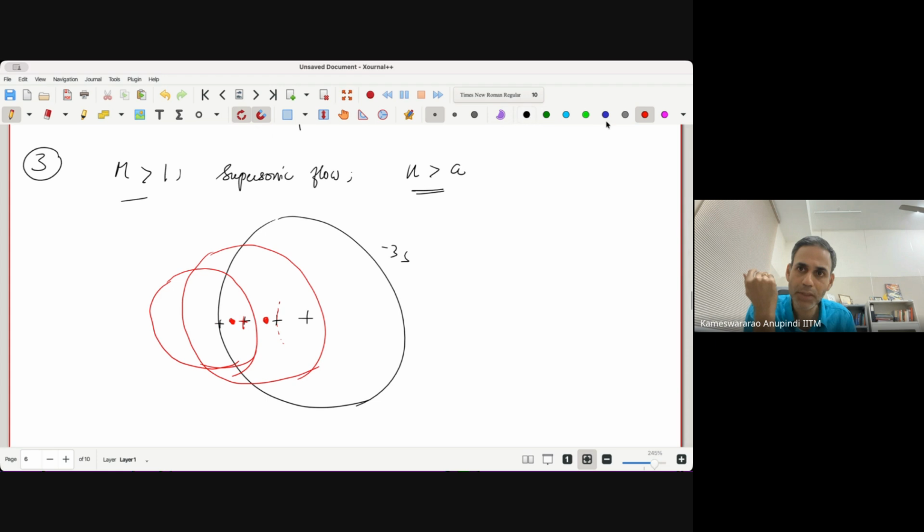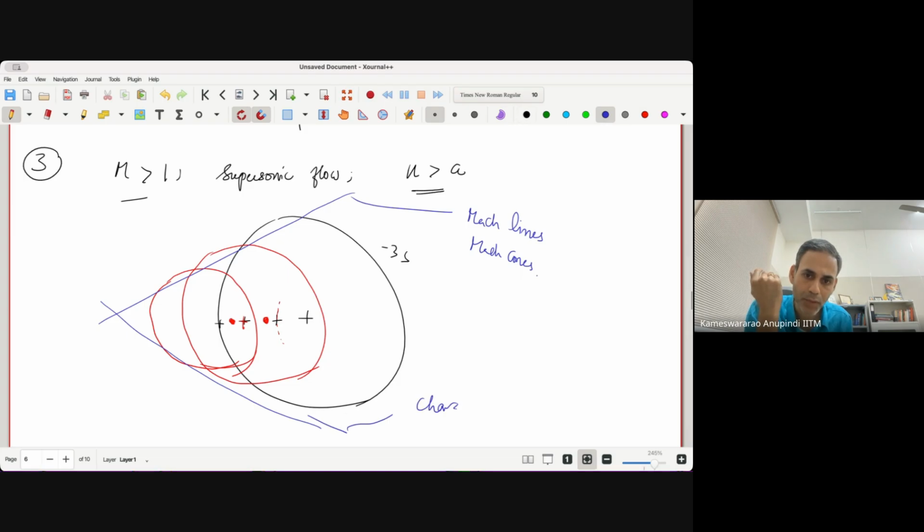Essentially, you end up with something like that, which is called Mach lines, or in 3D, Mach cones, which are basically your characteristic lines. And what you see is that there is a zone of action which is included in this cone, and there is a zone of silence which is outside this cone.